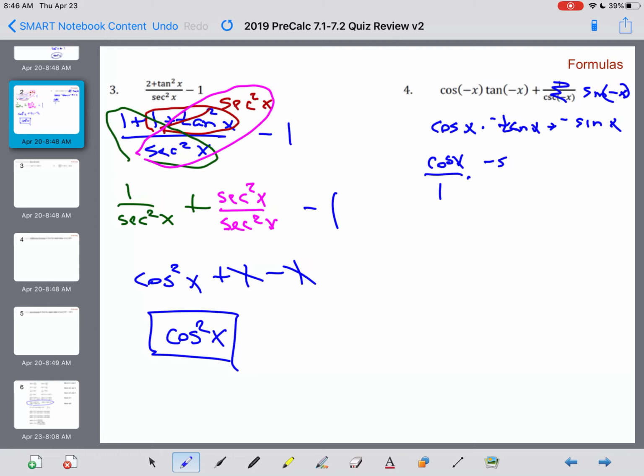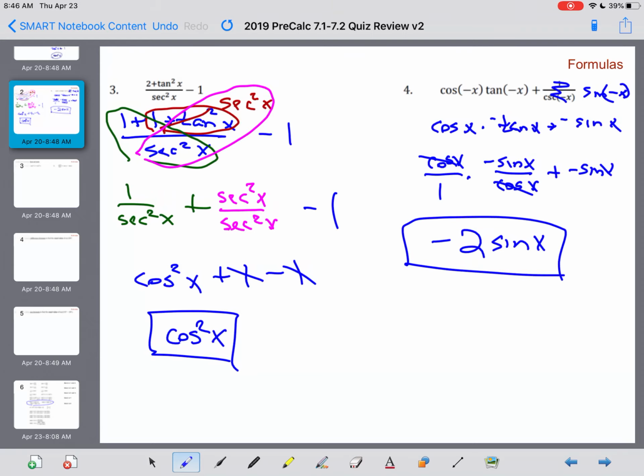This is going to be negative sine x over cosine x, and then plus sine x. Okay, so now these cosines will cancel. I'm going to get negative sine x plus negative sine x, which is going to be negative 2 sine x. And that one is done.